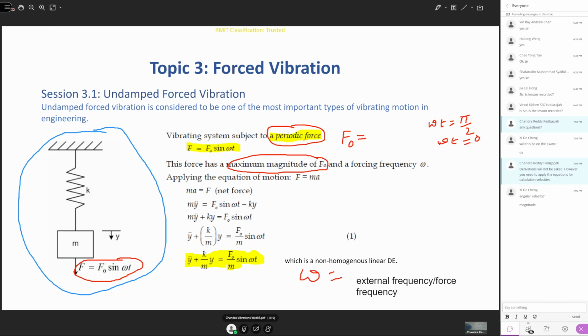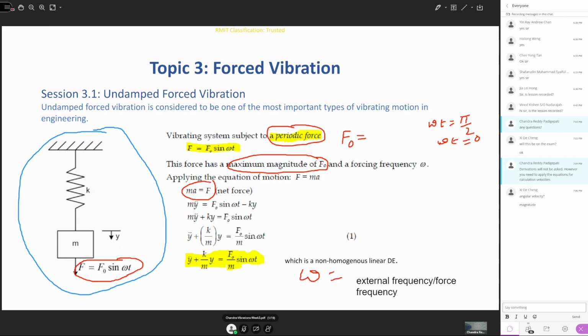All right. So now let us derive the equation of motion for this. We can write the net force acting on the system. We have only the spring force, the inertia force due to mass, and the external force. So the net force acting on the system, F net, is equal to mass into acceleration.